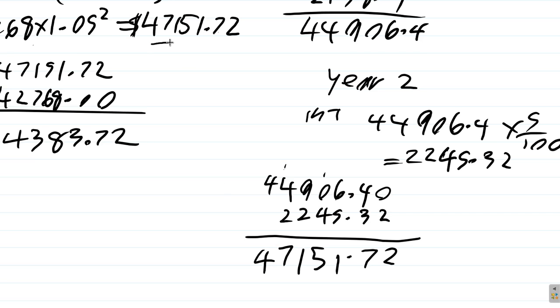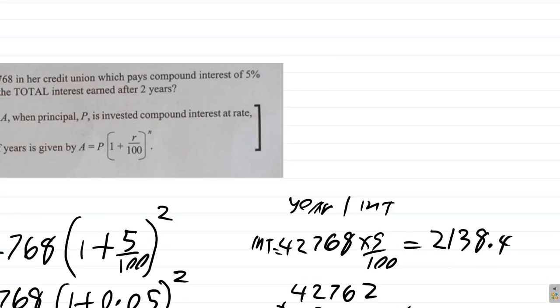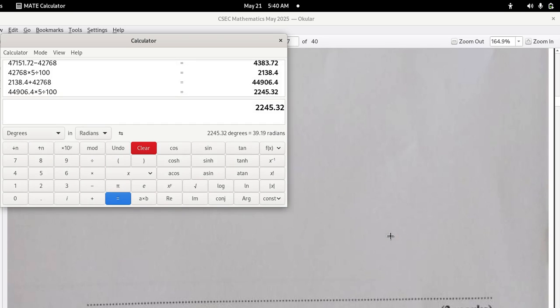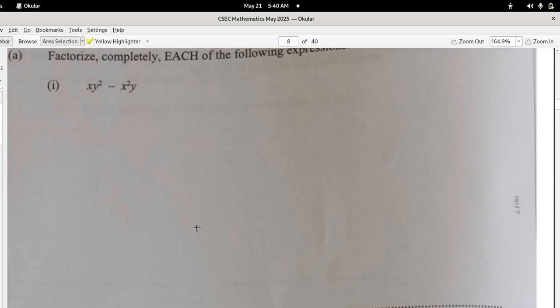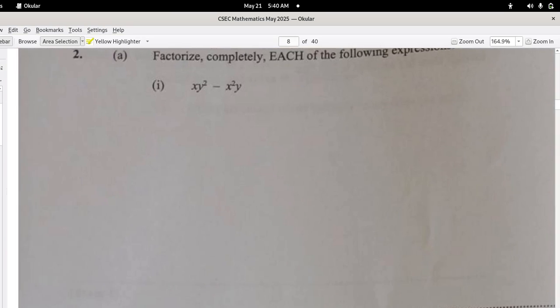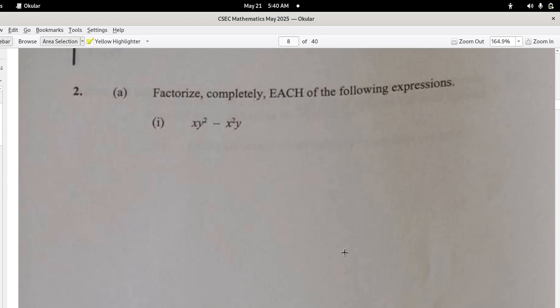So you get back your 47,151.72 if you do it that way, all right? Okay, but that is it for question 1. We'll move on to question 2 next time. So I'll see you.